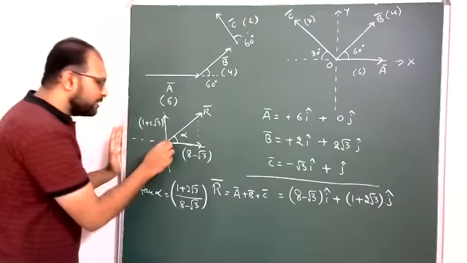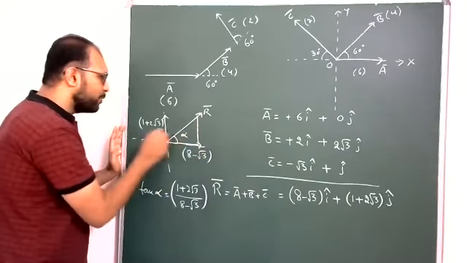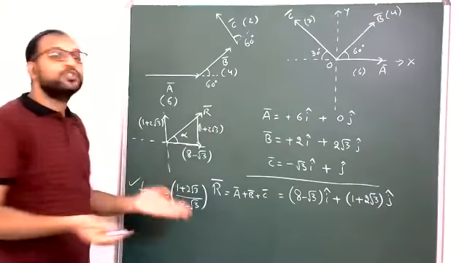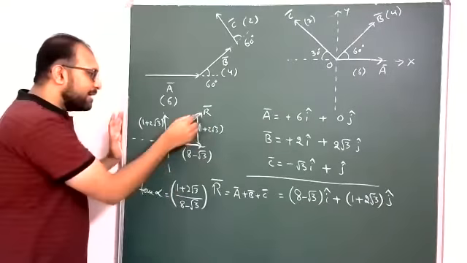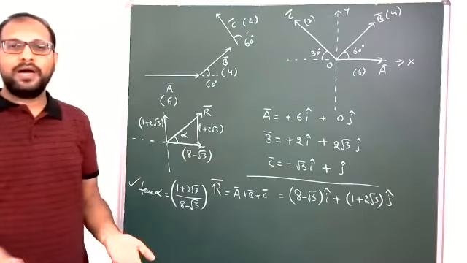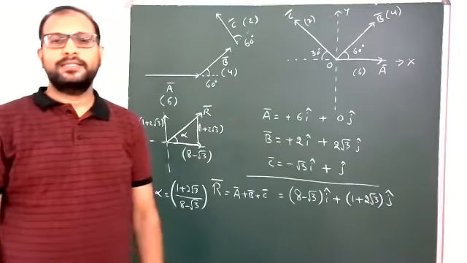Right, students, now this is the adjacent side, this is the opposite side. 1 plus 2 root 3 is the opposite side. Now tell me, the magnitude of r bar is nothing but what? The hypotenuse of the right angle triangle.